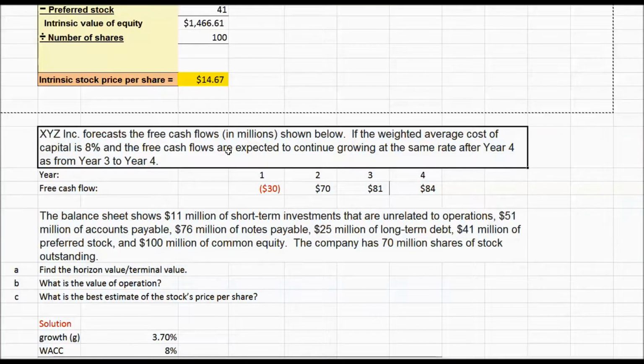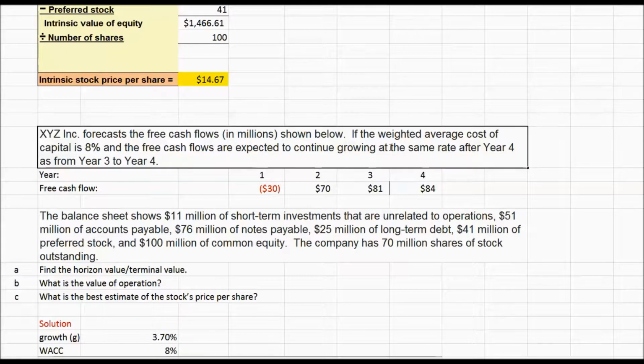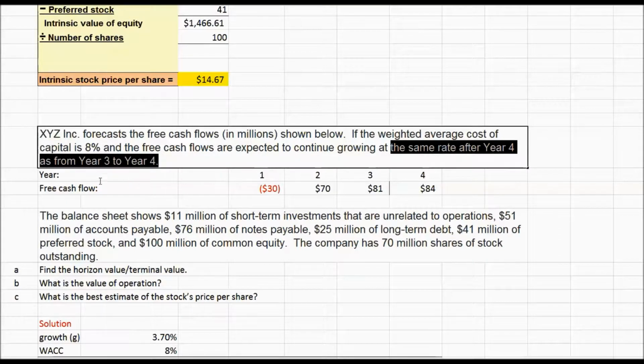So let's change this problem. How about the cash flows after year 3? Let's make this question straight. Cash flows are expected to continue growing at, let's make it 3%, whatever percent.